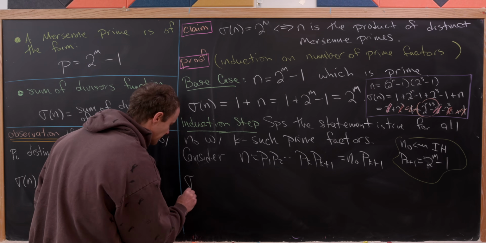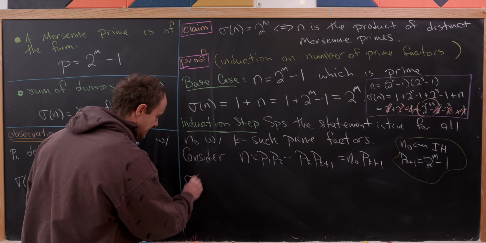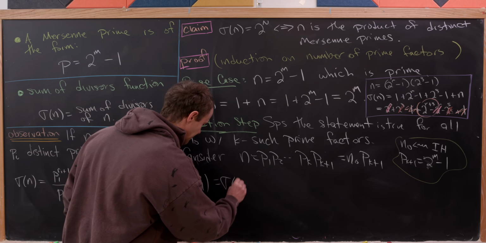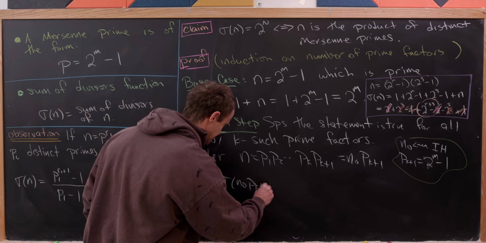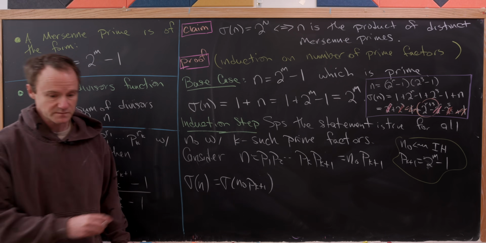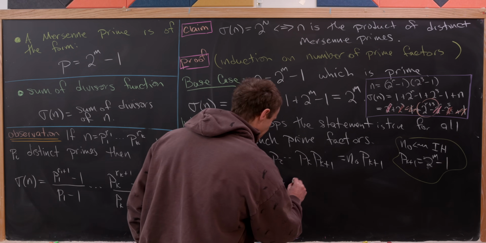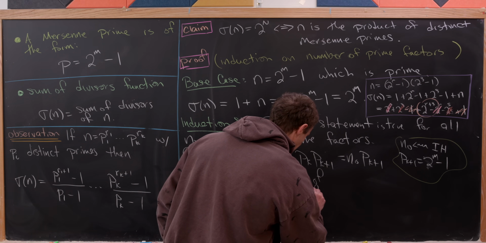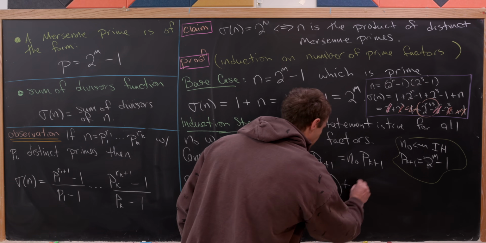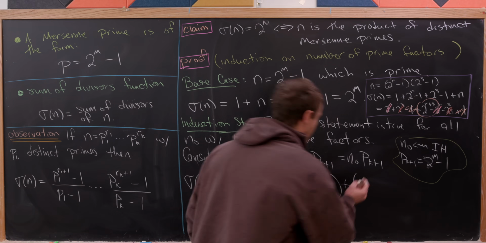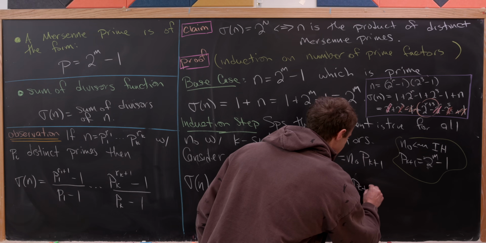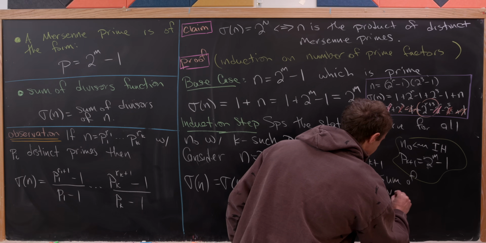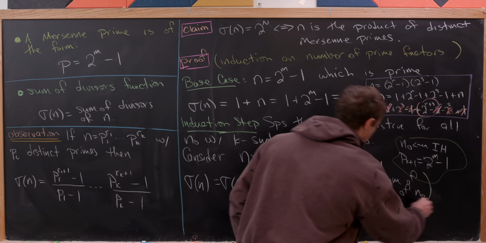But now let's observe that we can write sigma of n in the following way. So that's going to be sigma of n naught times p sub k plus 1. But then that's going to be the sum of divisors of n naught plus p sub k plus 1 times the sum of divisors of n naught.